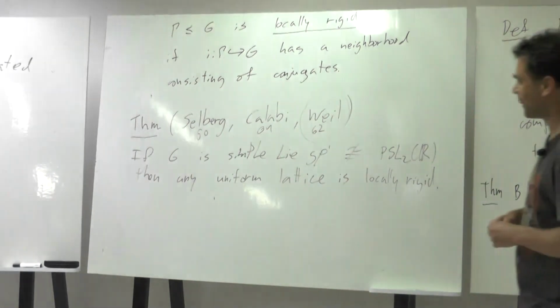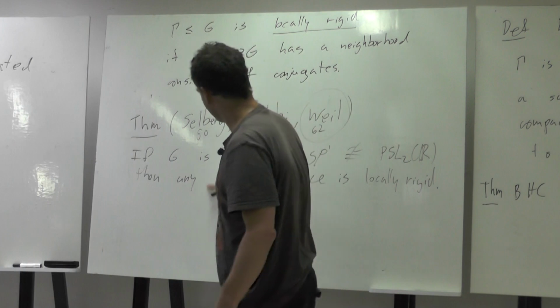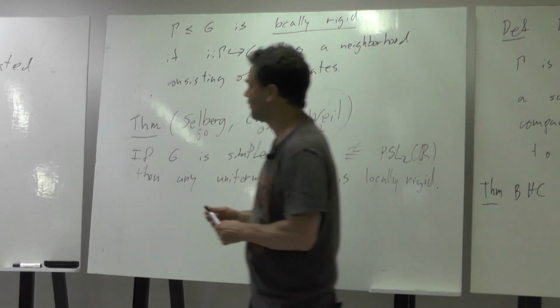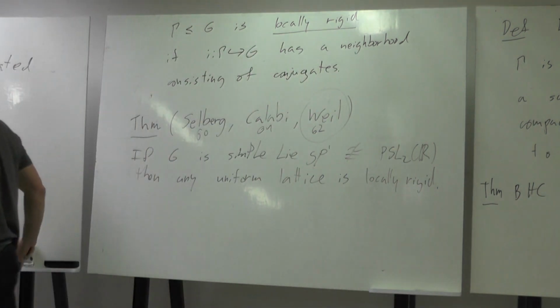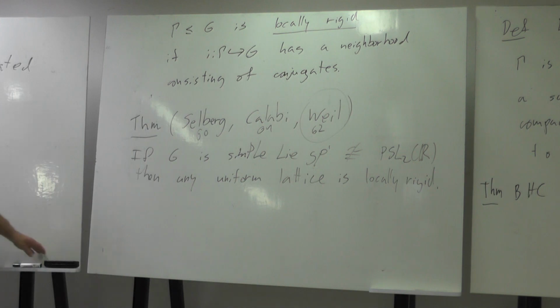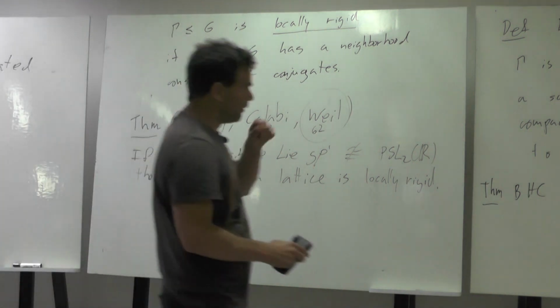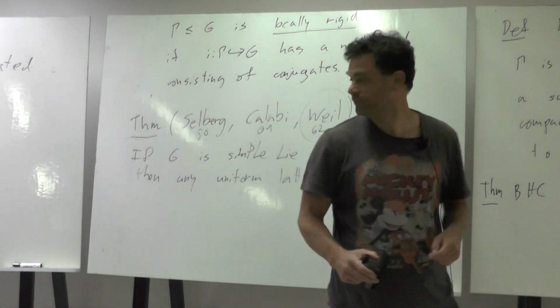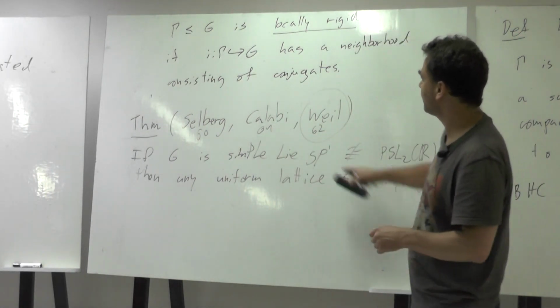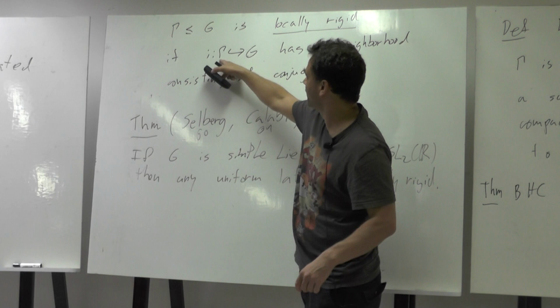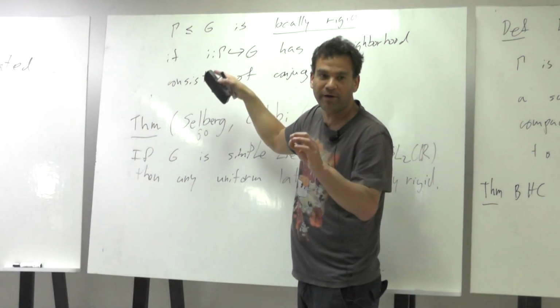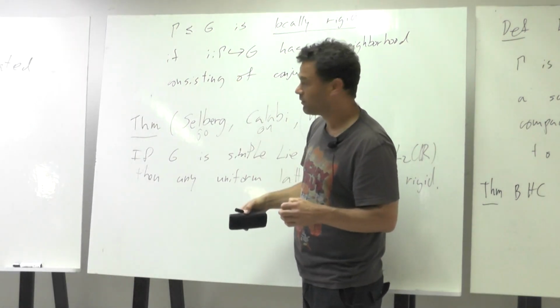So this is quite a good theorem, and I would like to explain why. I is the inclusion. Gamma is a subgroup of G, so I think of I as a map.